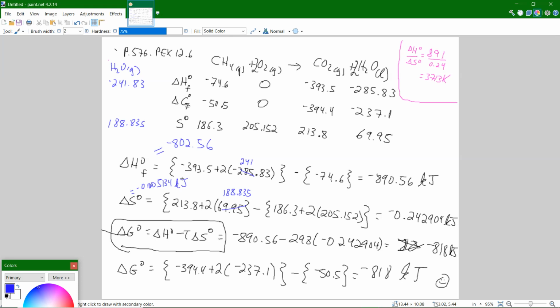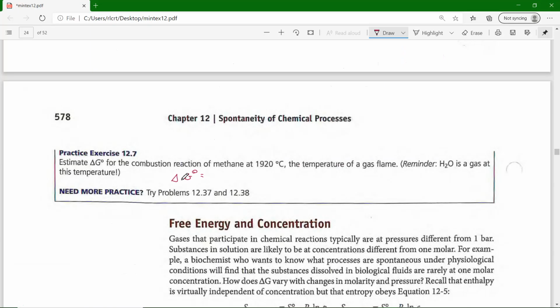Delta G is minus T delta S, so it's 1920 plus 273 times 0.005134 negative. Yeah, minus 791. I was doing this tipping point question, but that's not what the question asked for. It asked for the value of delta G naught at that temperature, 1920 degrees Celsius.